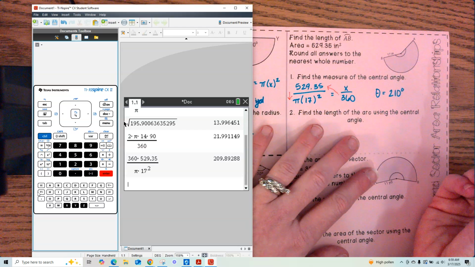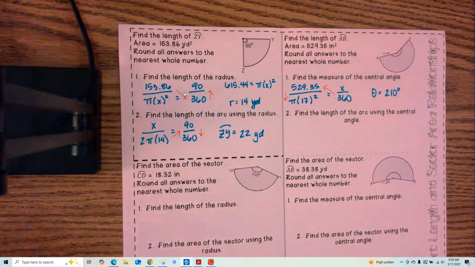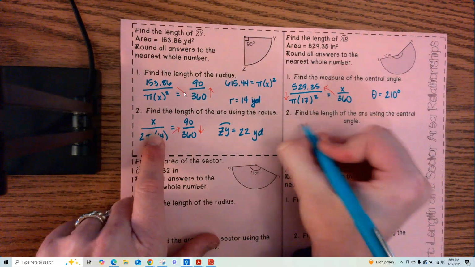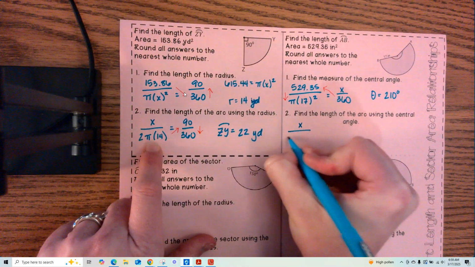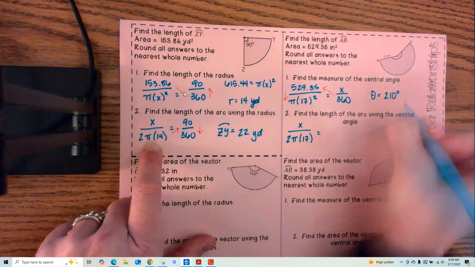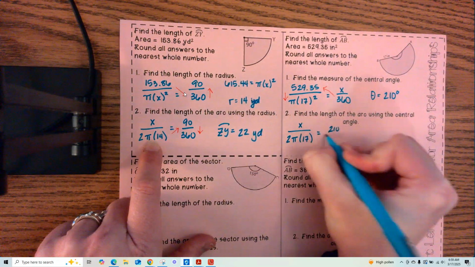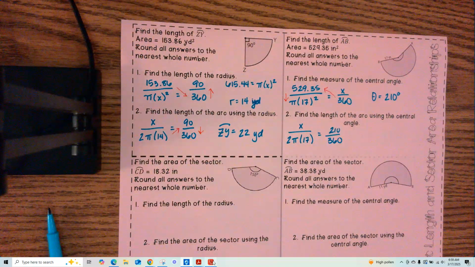Now we can find the length of the arc now that we know the central angle. So again, we'll use this relationship. So we're looking for the arc over the circumference. So 2 times pi times 17 equals, we know the central angle over 360.